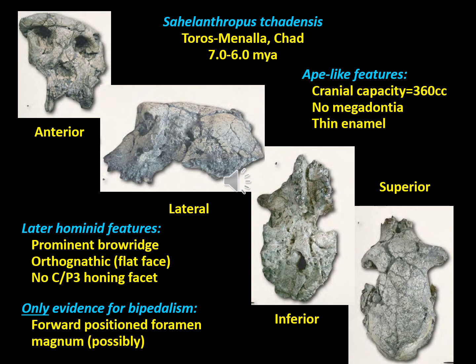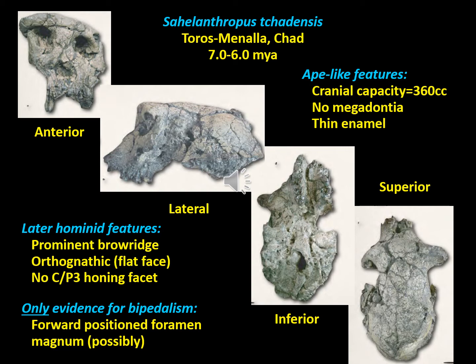And by the way, a chimpanzee has on average about a 350 cc brain, and gorillas are about 500. There are other later hominid features, like having this prominent brow ridge that's above the eye orbits, having a flat face, which is also known as orthognathic, and then there is no honing facet.